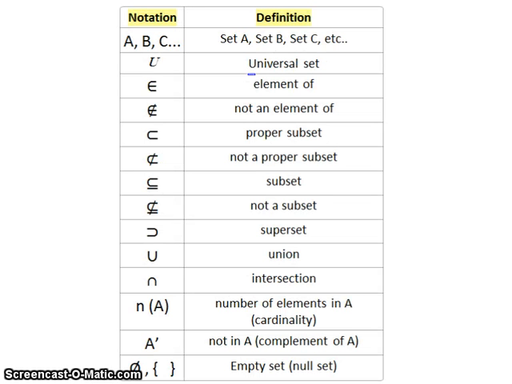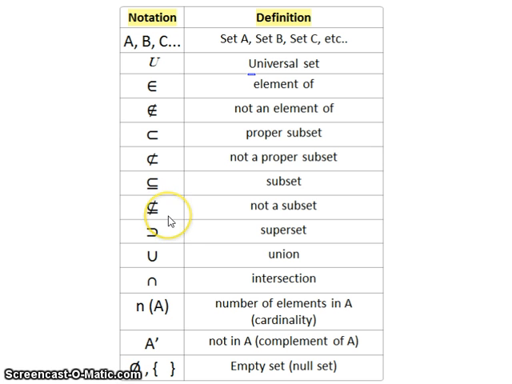Here are notations that are commonly used in set theory. The capital letters are used to name sets. U is used as the universal set, and this is the symbol for element, and not an element. Proper subset, not a proper subset.